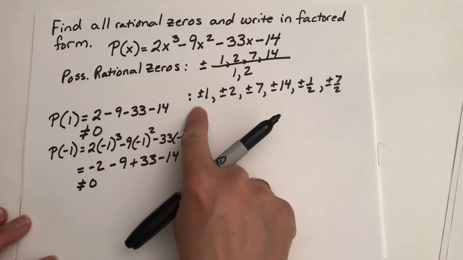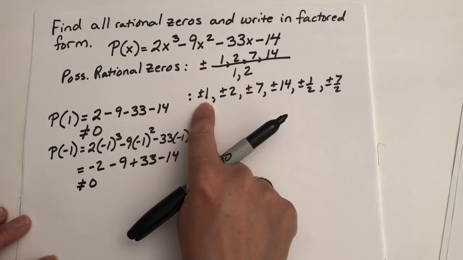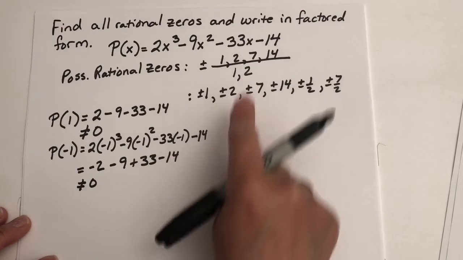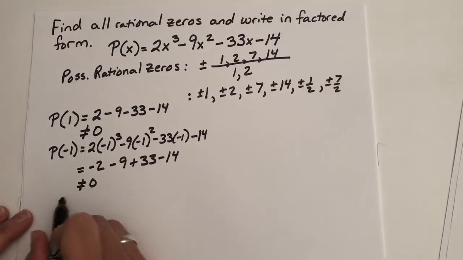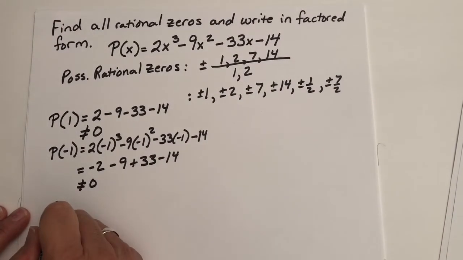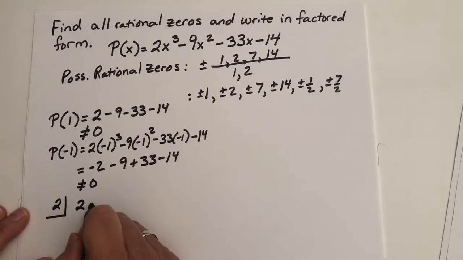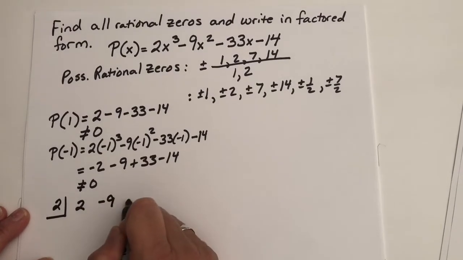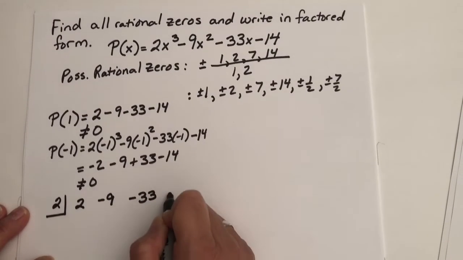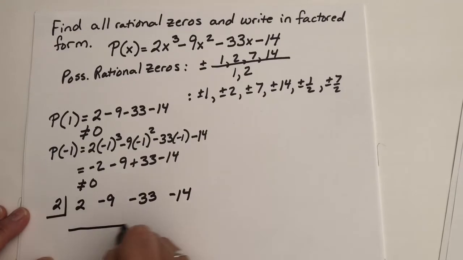Now I'm moving on. We know that neither 1 nor negative 1 are zeros of this polynomial, so I'm going to move on to 2. And at this point, maybe I'll try synthetic division rather than direct substitution. My coefficients are 2, negative 9, negative 33, negative 14.